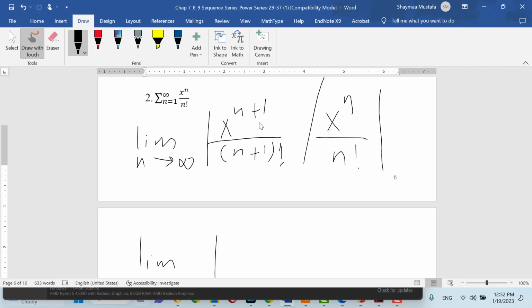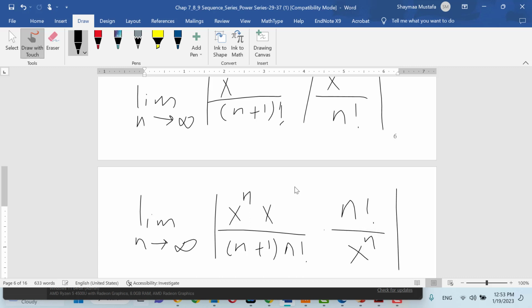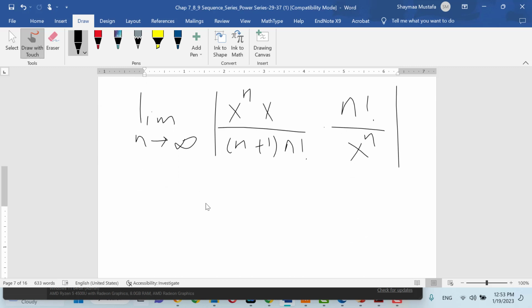x to the power n plus 1 is x to the power n times x. n plus 1 factorial is n plus 1 times n factorial. Here the division is converted to multiplication, and we flip the second fraction, so we get n factorial over x to the power n. Now we cancel x to the power n with x to the power n, and n factorial with n factorial.